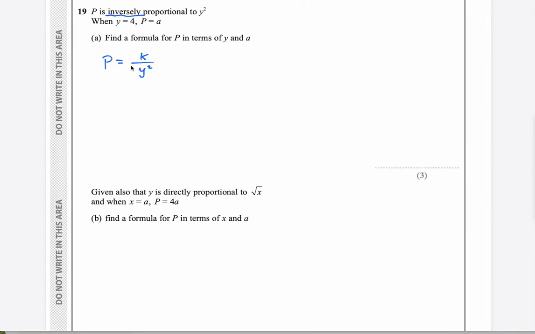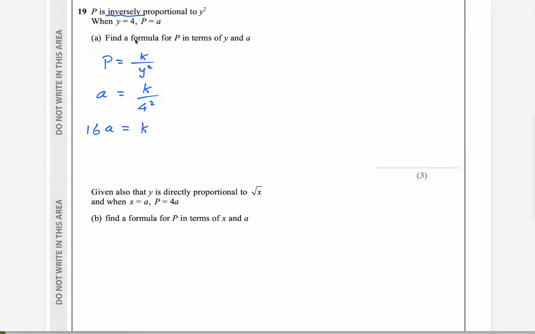So P is A when y is 4. So I'm going to put A for P and 4 for y. And that means K is equal to 4 squared times A. 4 squared is 16, so it's just 16A.